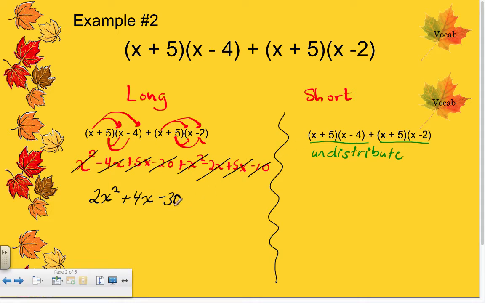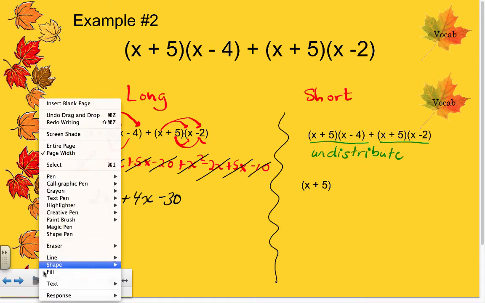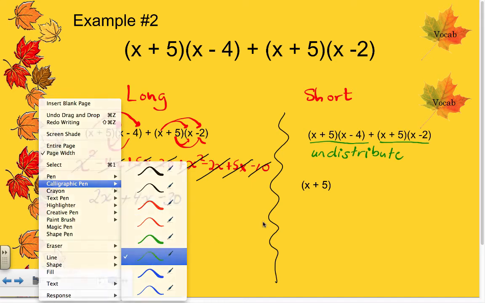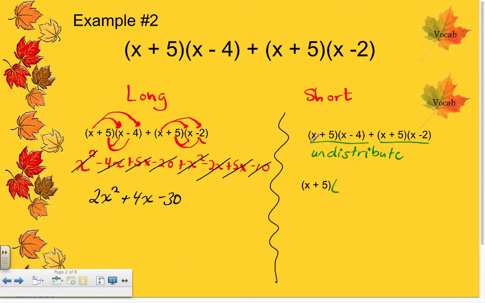Right, they both have an x plus 5. So let's undistribute it. Let's take that x plus 5 and pass it forward. So once I have passed that forward, what I have left is that x minus 4, the plus sign, and the x minus 2.